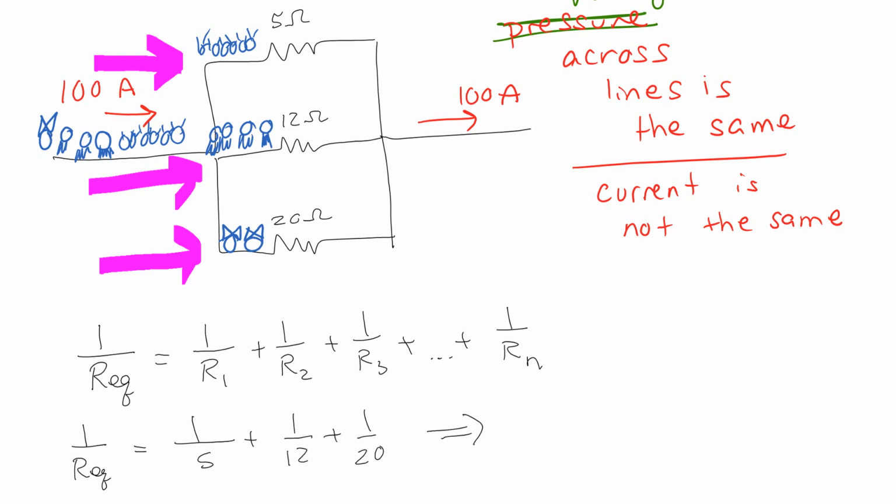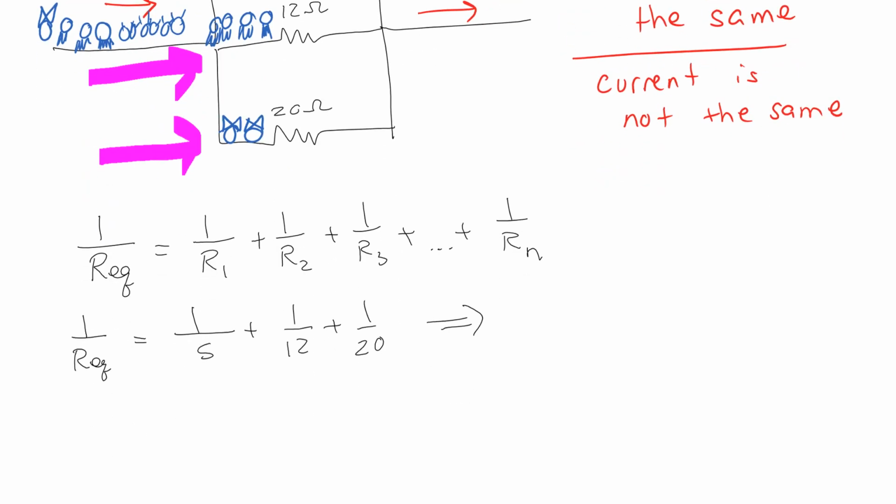Actually, the way I write it, and I don't see anyone else doing it this way, is that the equivalent resistance is 1 over (1/5 plus 1/12 plus 1/20). That's just taking the inverse of both sides.